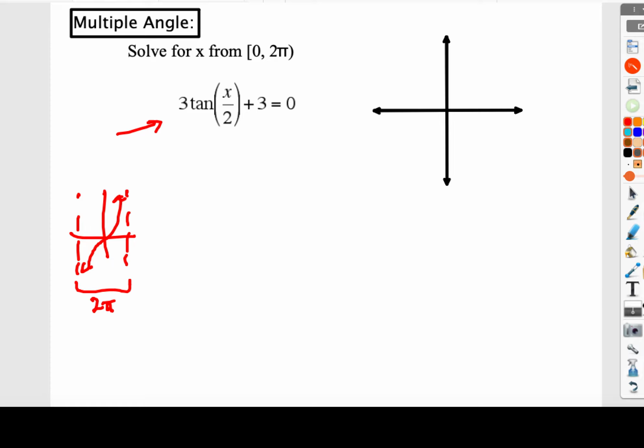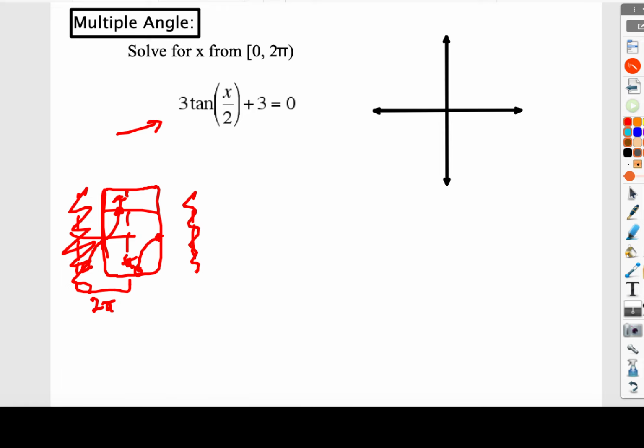Therefore, from 0 to 2 pi, if this is pi units right here, we would be another half a tangent here. But we're not going to look at this side. We would essentially want this part of our graph, right? Which means we're really only likely going to be equal in one place.